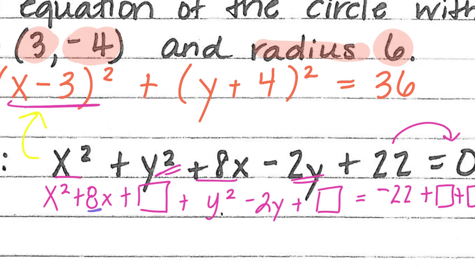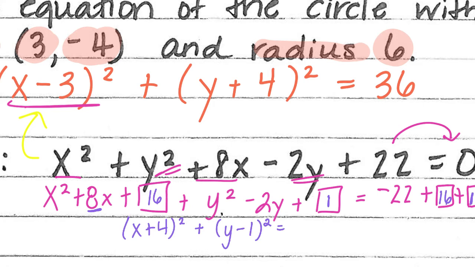So let's go ahead and complete this square. Half of 8 is 4. 4 squared is 16. Half of -2 is -1. -1 squared is 1. So this would become (x + 4) quantity squared plus (y - 1) quantity squared.